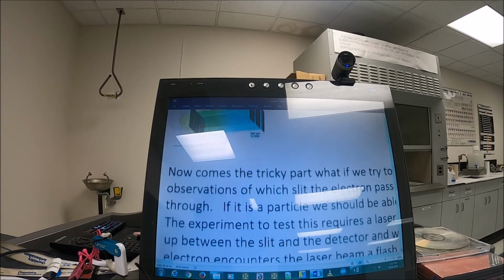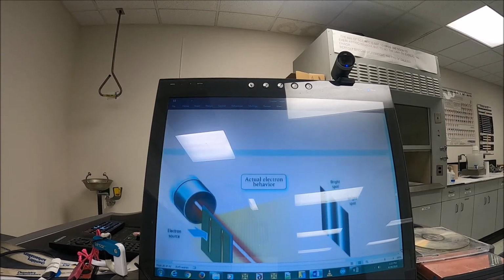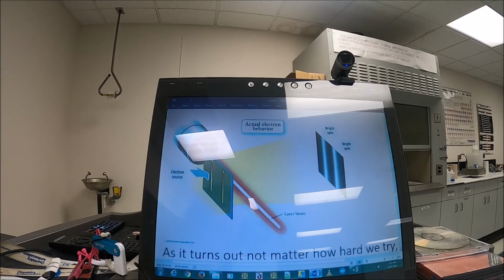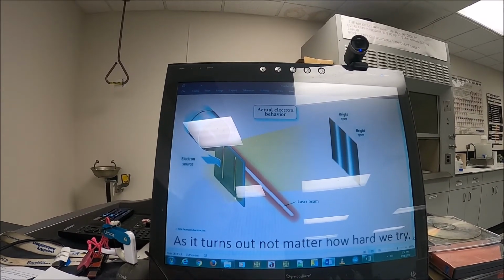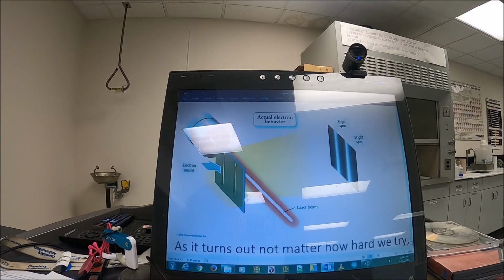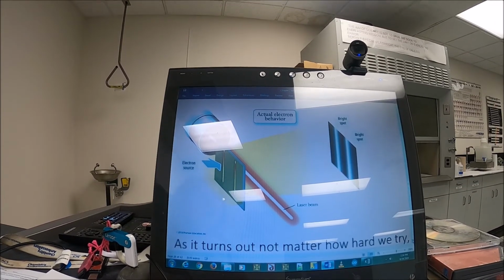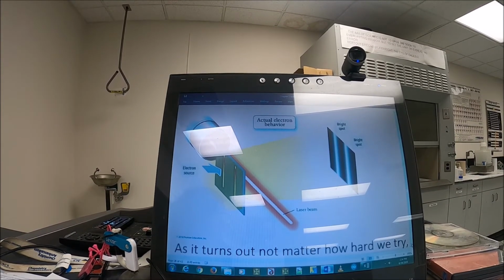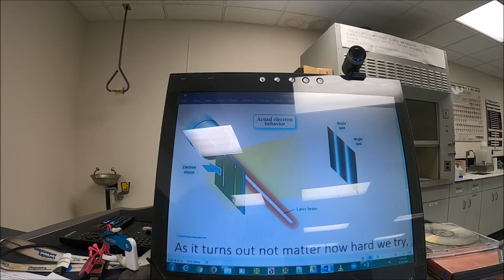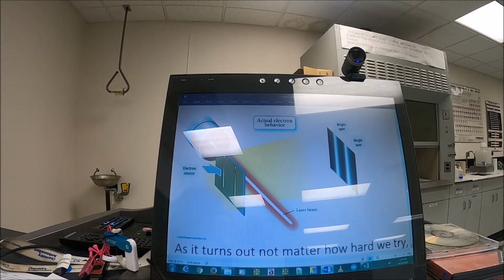Okay? So now comes the tricky part. We're going to do that double slit experiment with the electron, and we're going to put a laser beam right beyond the slit so that the laser beam interacts with the electrons as they come through the slits. The minute that you turn the laser beam on so that you can detect what slit an electron passes through, the diffraction pattern goes away. The minute you turn the laser beam off, you get the diffraction pattern again.